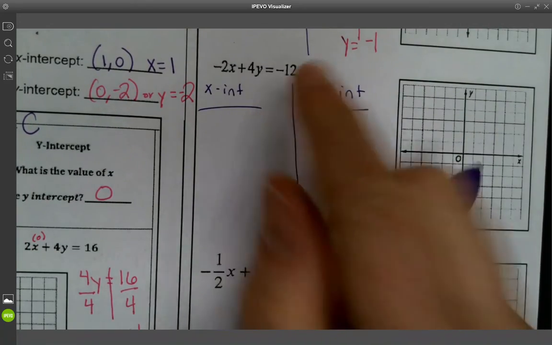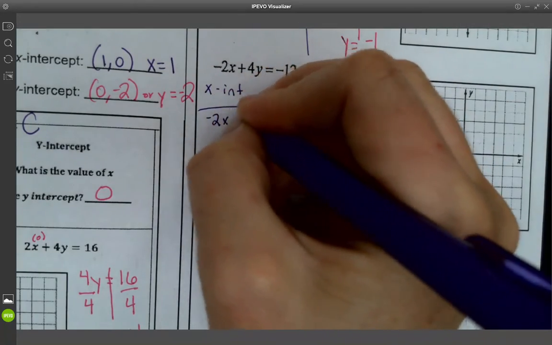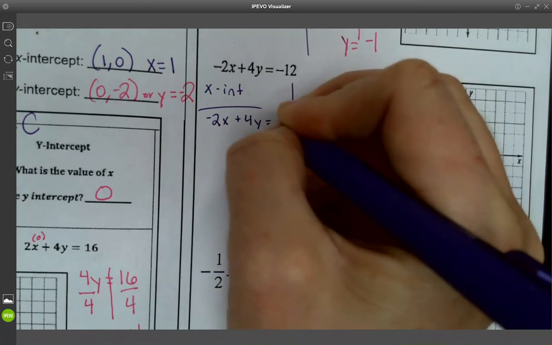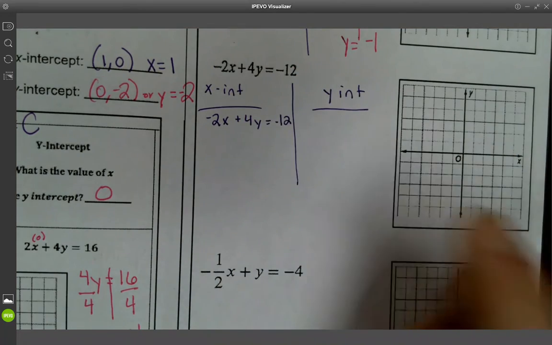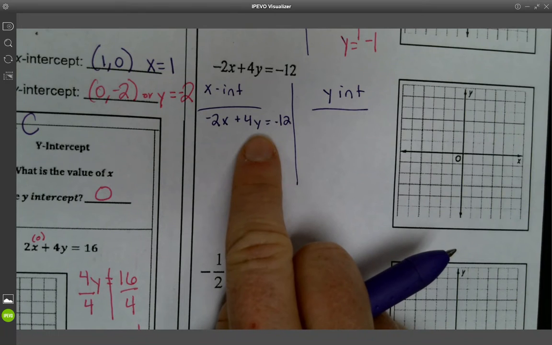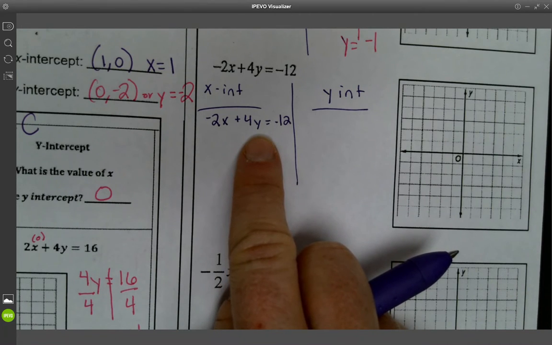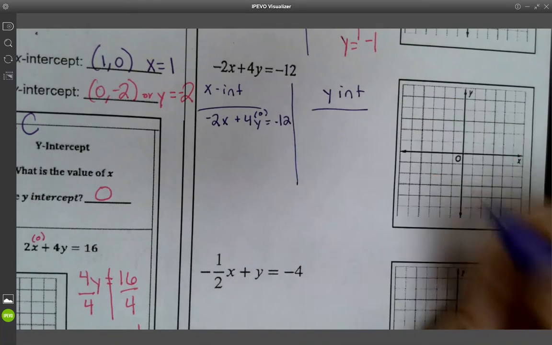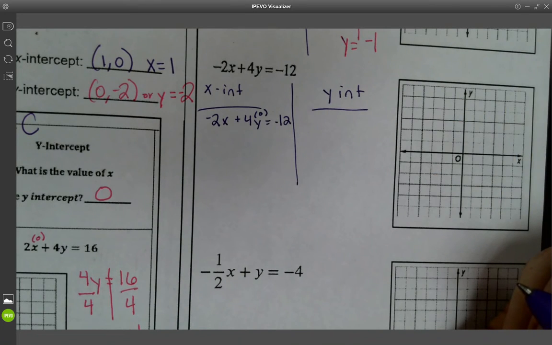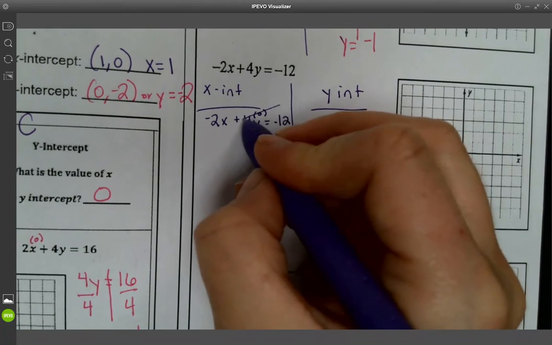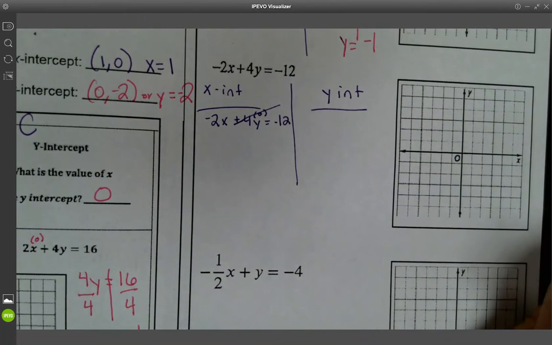X-intercept means y is 0. So if I have negative 2x plus 4y equals negative 12. Plug in a 0 for y. Anytime you multiply a number times 0, it becomes 0, so we can just mark it out.